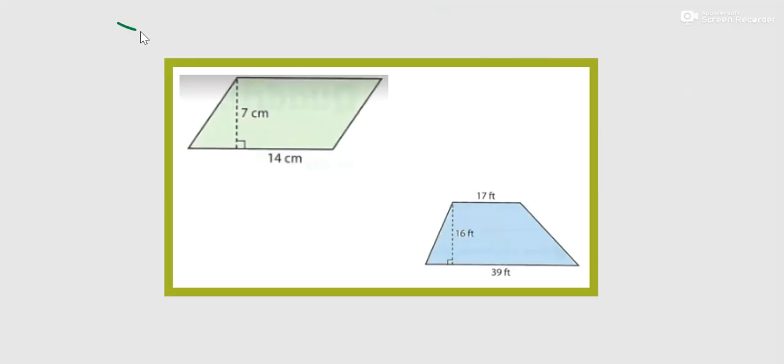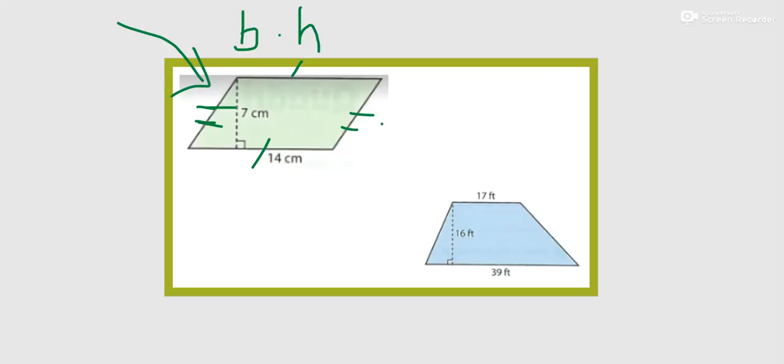So this first shape that we have is a parallelogram. So this side is the same as this side. And this side is the same as this side. If you remember, I said that to find the area of a parallelogram, we are doing base times height.